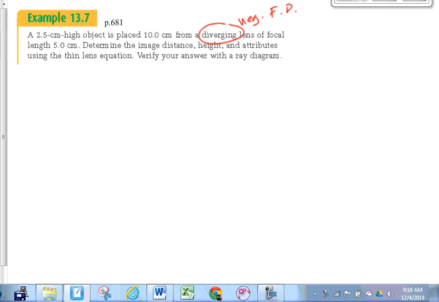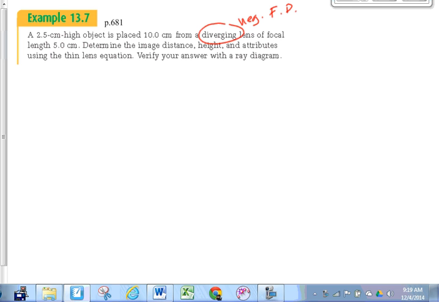It tells us that we've got a negative focal point, or a negative focal length. Whenever I see that word diverging, I want to draw attention to it, because odds are, if I don't, when I go to do the math, I'm going to make that f, that 5.0 centimeters, a positive value. I don't want to do that. That's going to give me the wrong answer. I need to make it negative because it's a diverging lens. If it was a converging lens, I'd leave it positive.